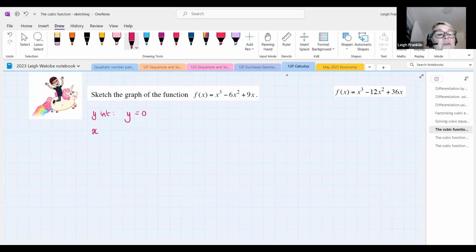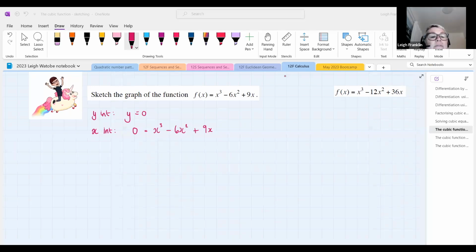If we want to calculate the x-intercepts, we know how to do that by letting f of x or y be equal to 0. So 0 would be equal to x cubed minus 6x squared plus 9x, right? This is not really what I want to show you, but let's just go through it and get the x-intercepts.